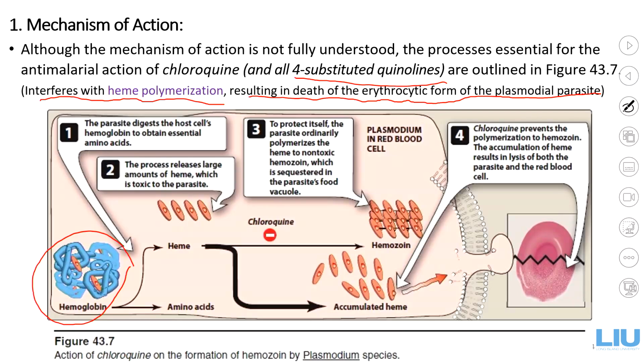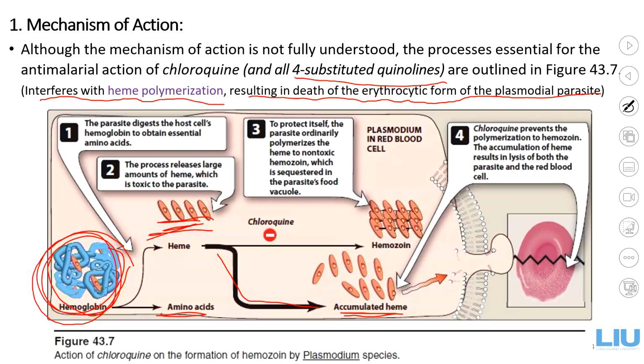Remember that? Okay. Anyway, so this parasite digests the amino acids from this protein, all these four units, and this results in 4 heme remaining. Okay, so those heme, if they are left without being packed together or polymerized together, they accumulate and they actually cause death to the parasite itself.